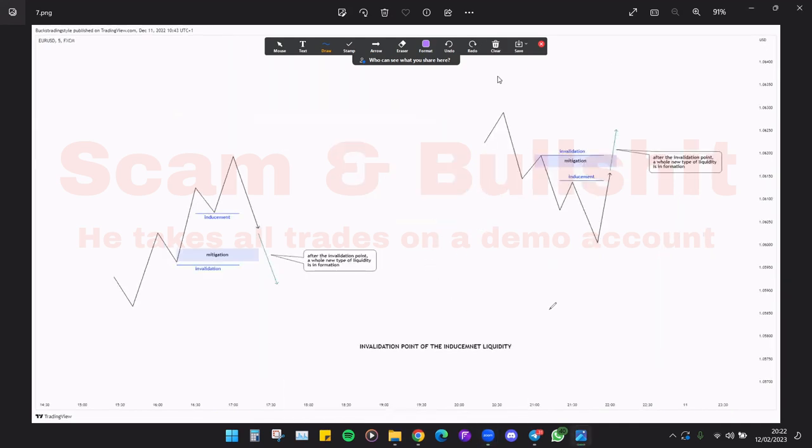So now let's look at this image right here. On your assignment, we are marking this as inducement, right? Probably when we have two structure points, the inducement is also an external structure point. So when we have this right here, we have this break of structure, liquidity, liquidity.